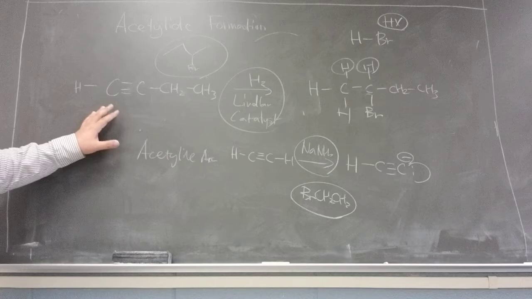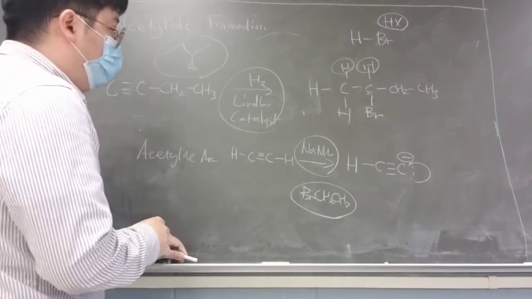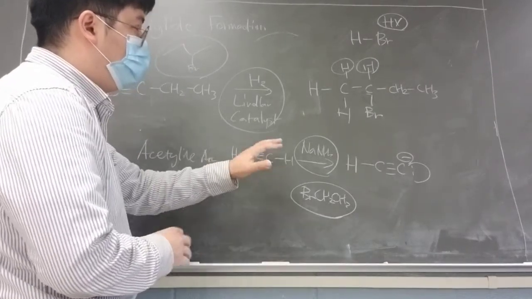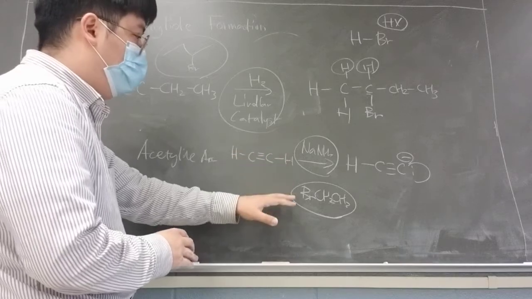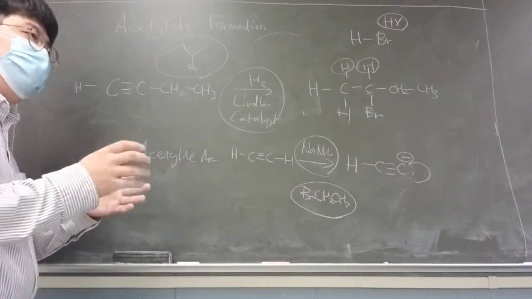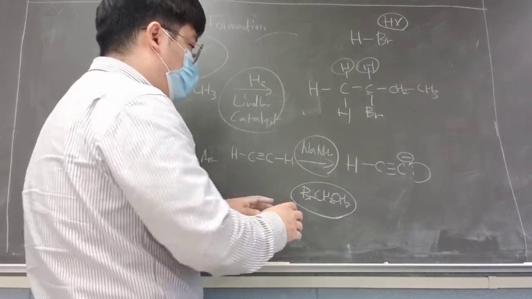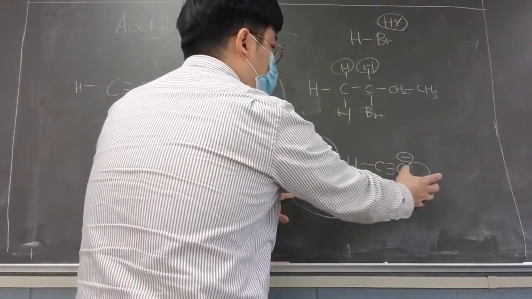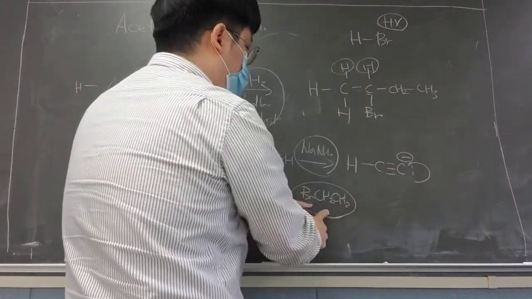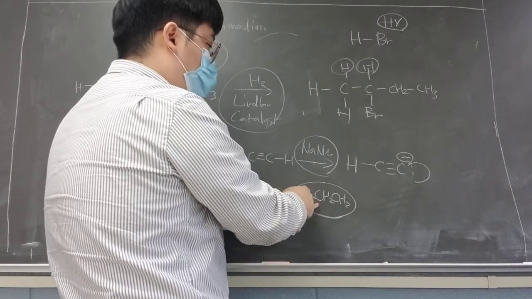So exactly this one. First of all, treat the acetylene with a strong base, sodium amide, and then put in the primary alkyl halide with the bromine here. So this acetylide will combine to this alkyl group, making this bromine leave.